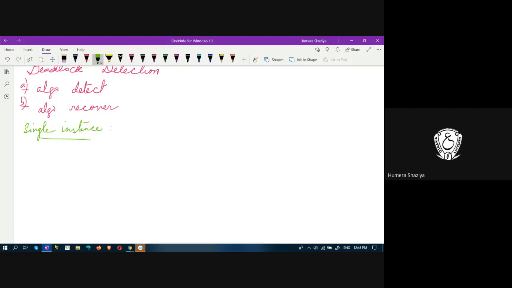There are resources which occur only in a single instance, not multiple instances. To detect a deadlock in that type of resources, there is a graph known as wait for graph.